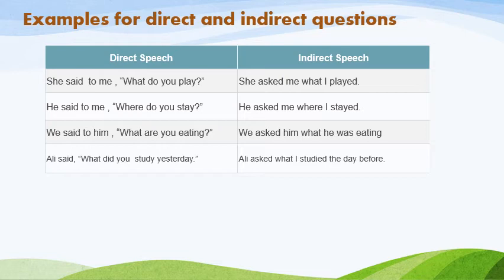Because of that, I have to start with the pronoun first, then the helping verb, the verb to be, sorry. So the word "you" is going to be "he," because he is speaking to him, and the word "are" is going to be "was." And if you have "can you," it should be changed to "I," "he" or "she could."